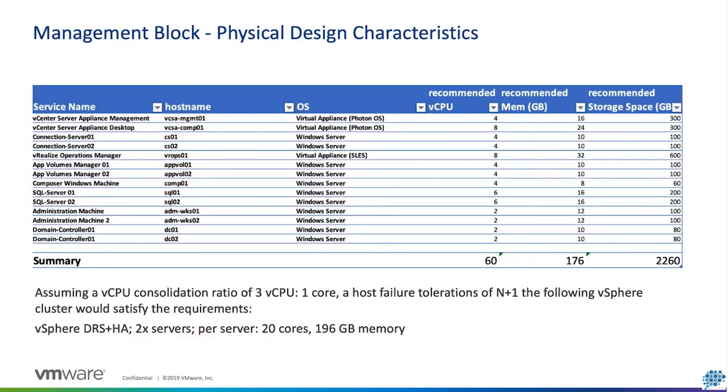Like in our example, where we placed multiple vCenters, multiple connection servers, multiple App Volumes managers, and also some domain controllers on the management block to create some kind of solution independence from other third-party services in the environment. And we figured out that we will need around 60 vCPUs and 176 gigabytes of memory for our management workload.